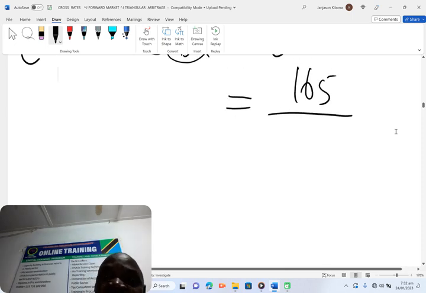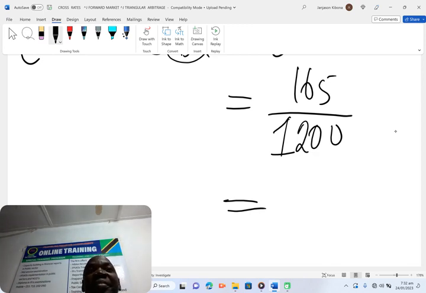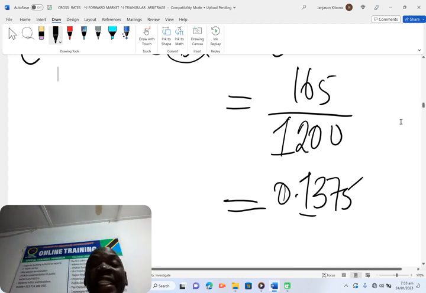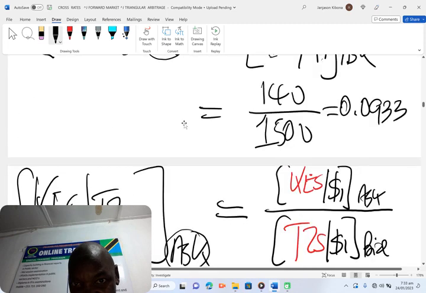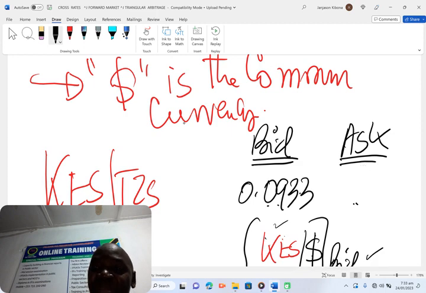Now divide. So what's the number? 0.1375. So it is clearly now the ask rate has been computed. This is 0.1375.